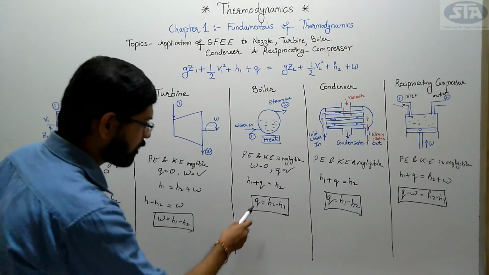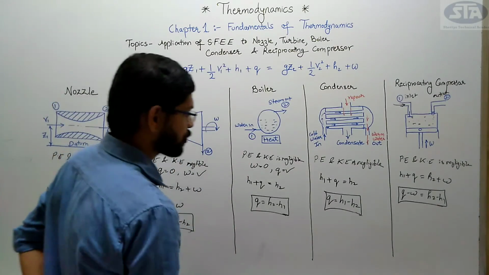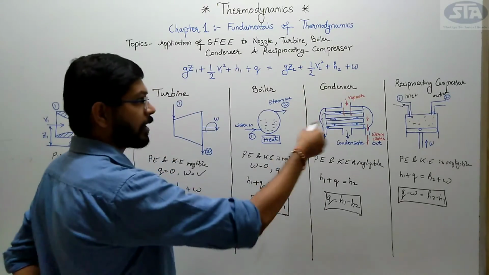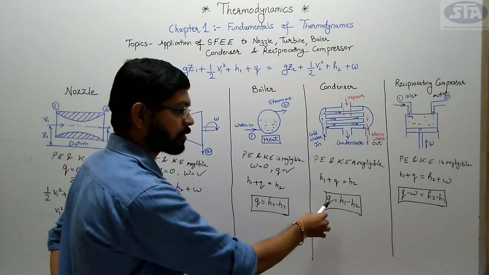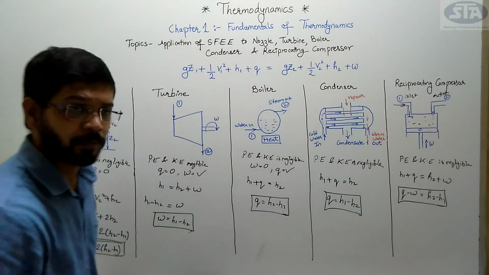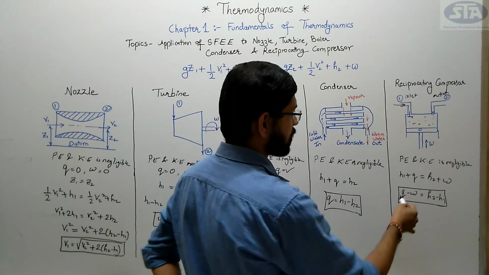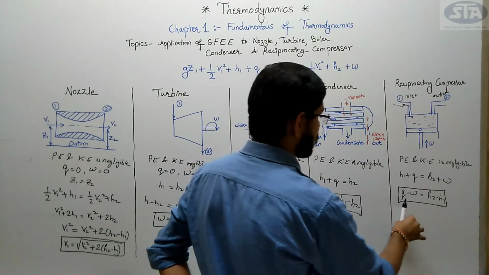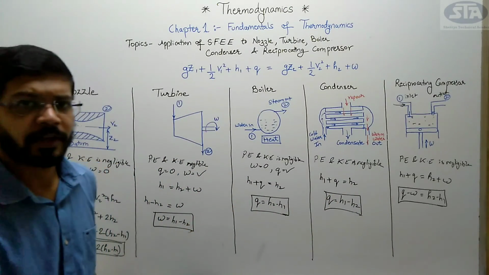For the boiler, my heat transfer Q equals H2 minus H1. For the condenser, it is the opposite of the boiler, so my heat transfer Q is H1 minus H2. And last, for the reciprocating compressor, Q minus W, that is heat transfer minus work done, equals change in enthalpy, that is H2 minus H1.